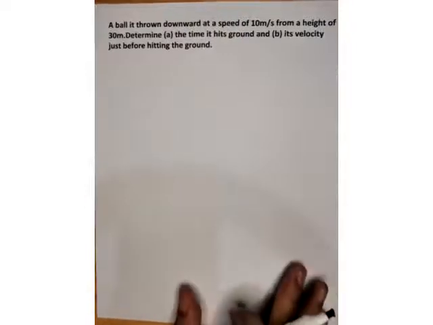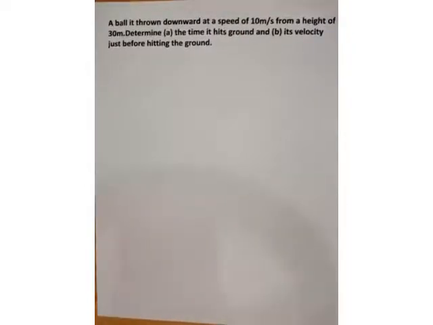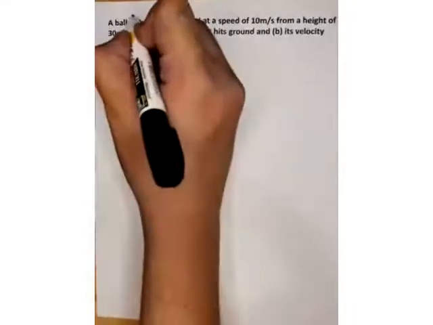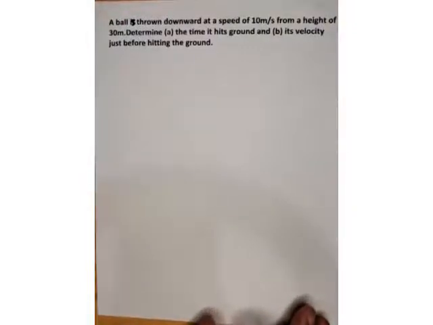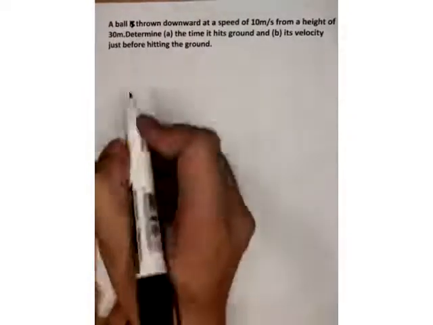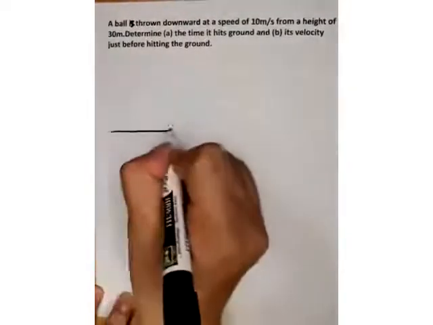Okay, so let's proceed to this example. A ball is thrown downward at a speed of 10 meters per second from a height of 30 meters. Determine A, the time the ball hits the ground, and B, its velocity just before hitting the ground. So it seems similar to our previous problem.